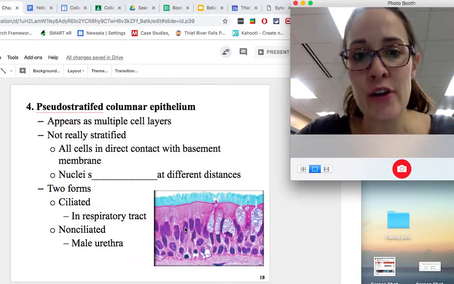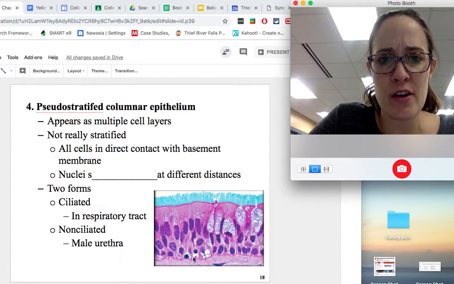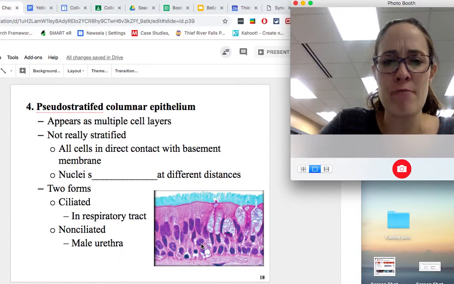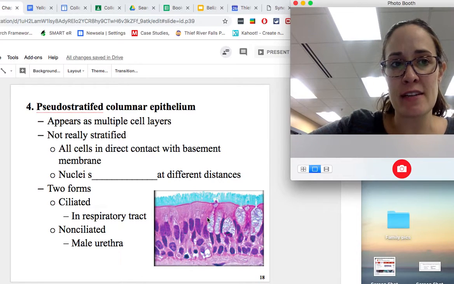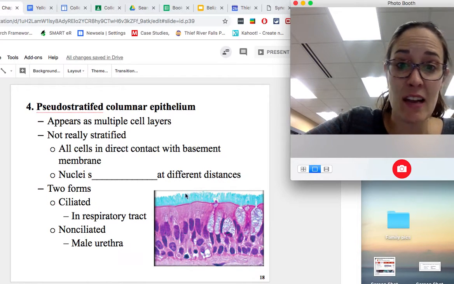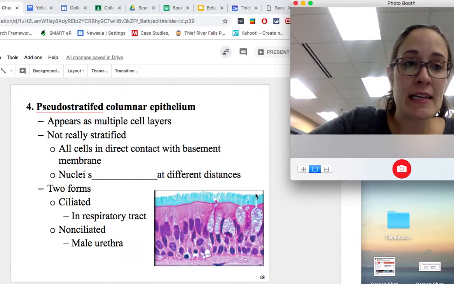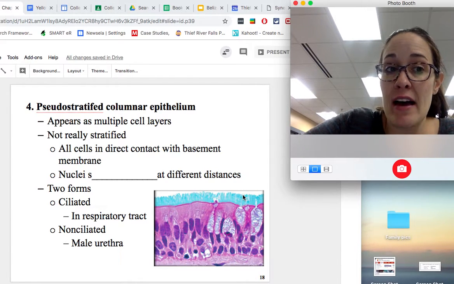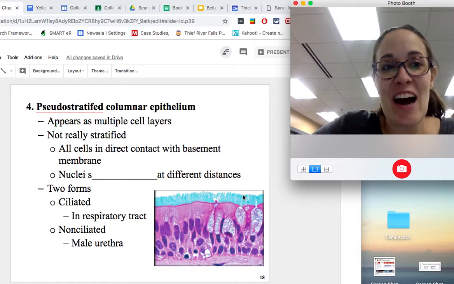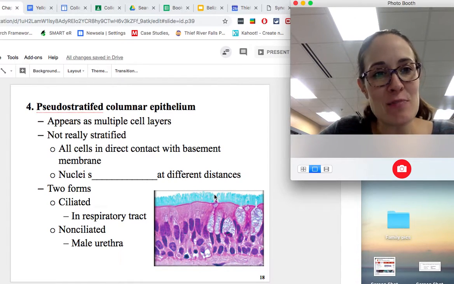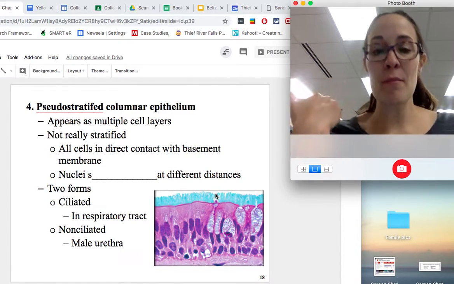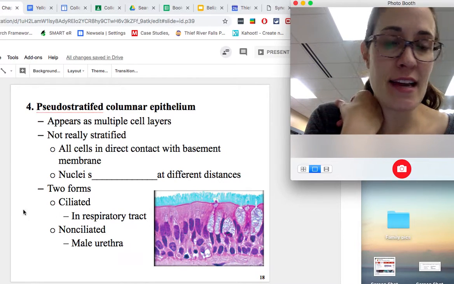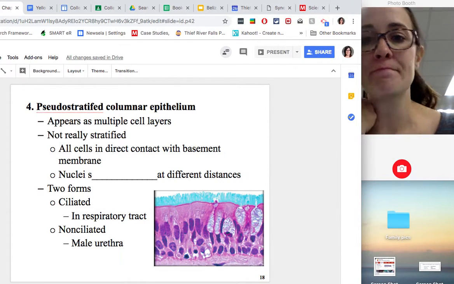Here you can see this nucleus is up here, this nucleus is down there. Pseudostratified can be either ciliated, like in this example, or non-ciliated. Pseudostratified ciliated columnar epithelium is found in the respiratory tract to move mucus. Non-ciliated is found in the male urethra.